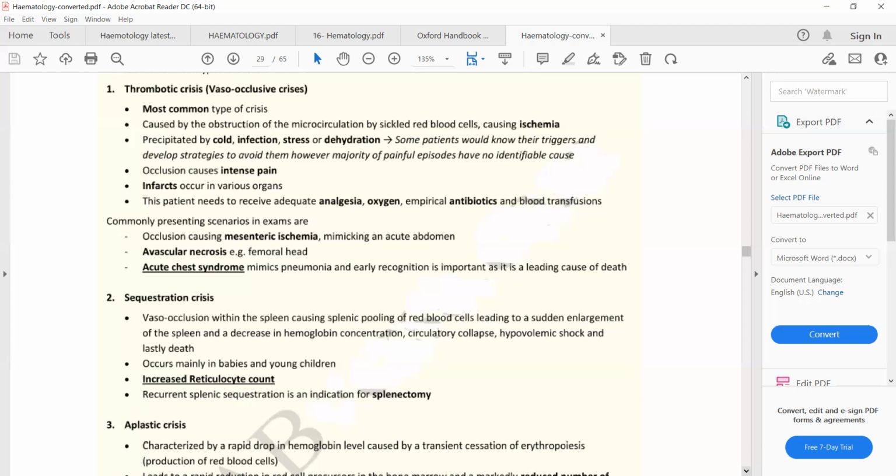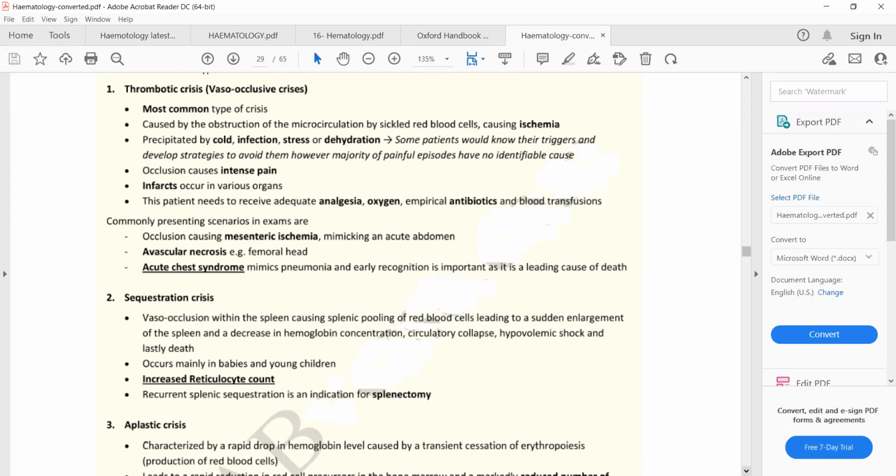What are examples of the organs in which infarction can occur due to this ischemia? If the small vasculature of the gut is blocked, it will result in mesenteric ischemia. So if someone with a history of sickle cell disease presents to you with features of acute abdomen, you will suspect vaso-occlusive crisis.